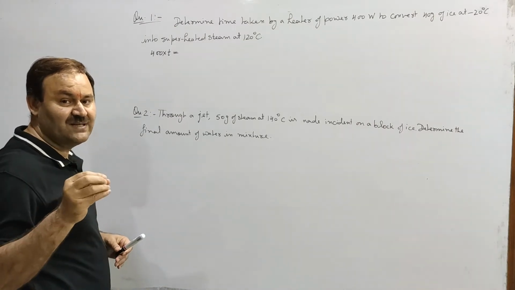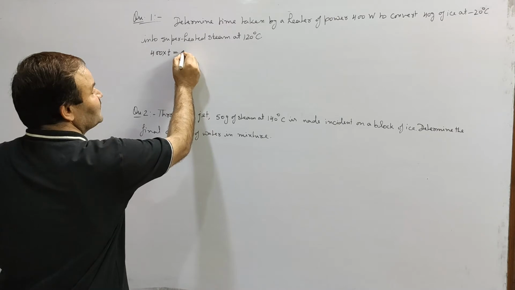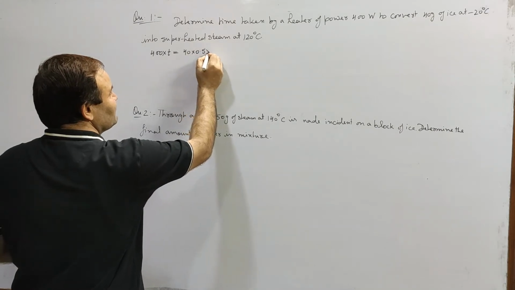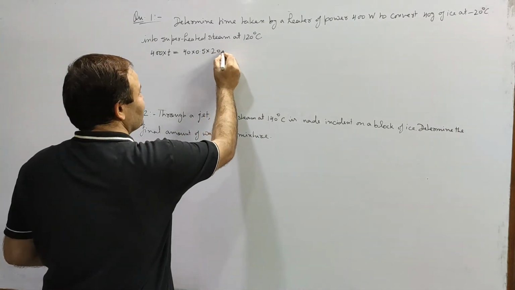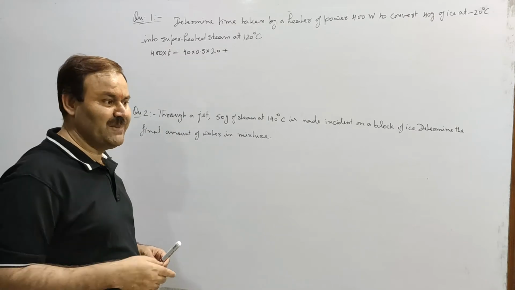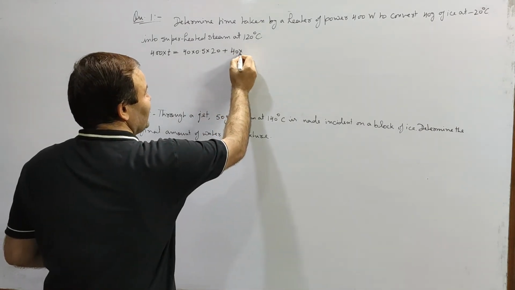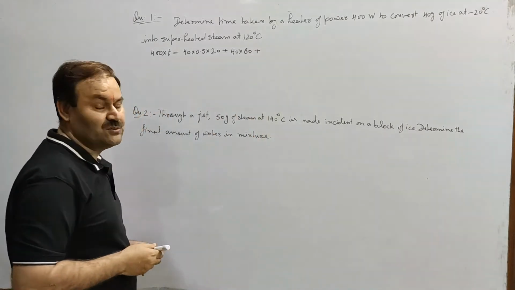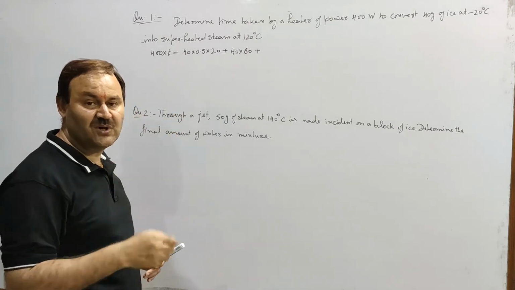Now the heat absorbed by ice, that will be mass of ice is 40 gram, so M, and specific heat capacity of ice is 0.5, while change in its temperature from -20 to 0 degree Celsius, that is 20 degree Celsius, plus now this ice will melt, and for melting, mass into specific latent heat of fusion, and mass is 40 while specific latent heat of fusion is 80 calorie per gram, plus now this water formed will increase its temperature from 0 to 100 degree Celsius.